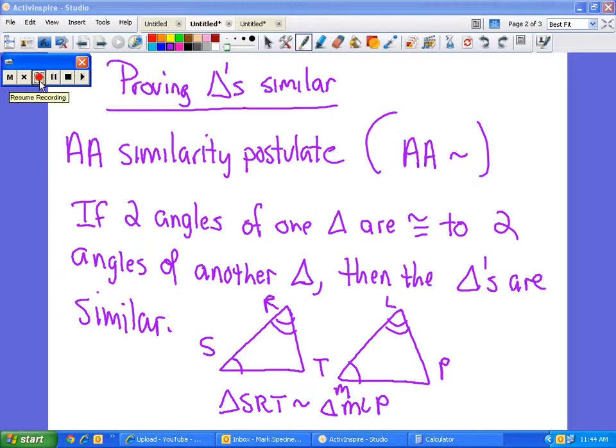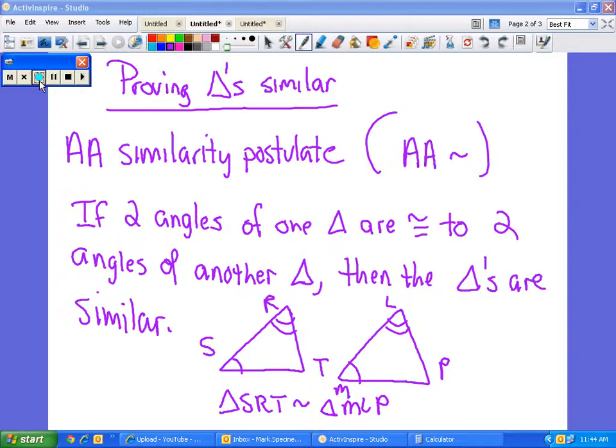So we talked about how just as there are ways that you can prove triangles congruent, there are also ways to prove triangles to be similar. And the first way we talked about is the angle-angle similarity postulate.